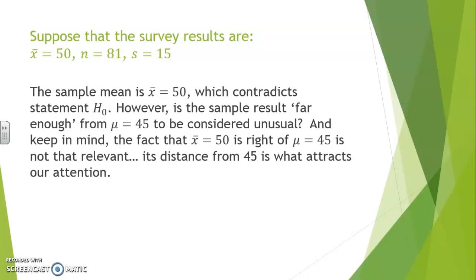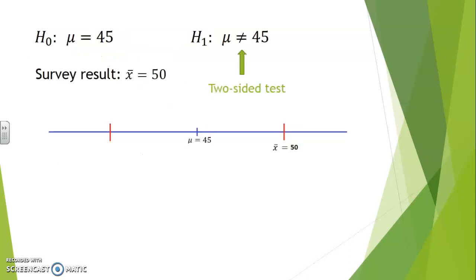Now, keep in mind, 50 is to the right of 45, but that's not really relevant. It's the distance from 45 that is interesting to us, because a deviation left or right could still be as convincing. We are once again using a two-sided test where two different possible deviations could have rejected H0.